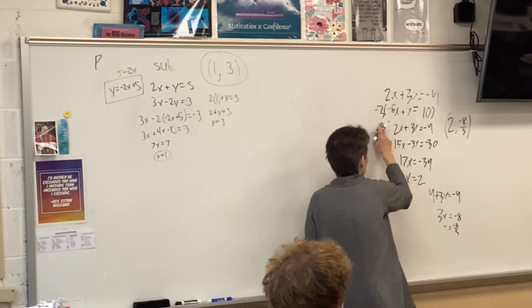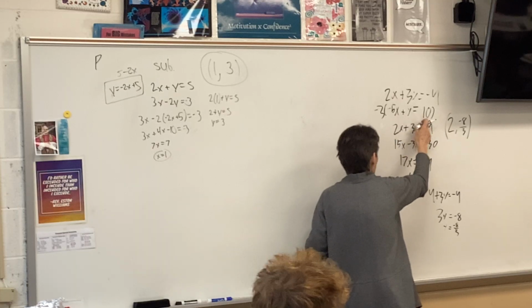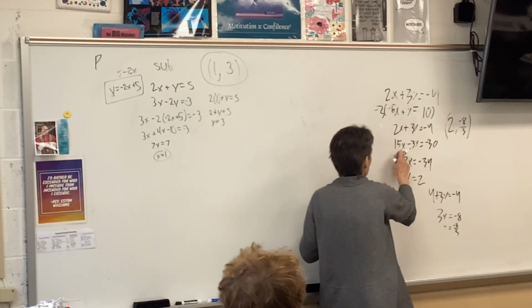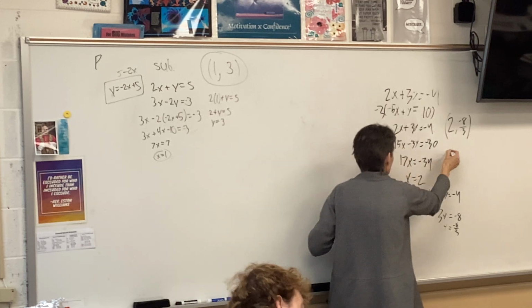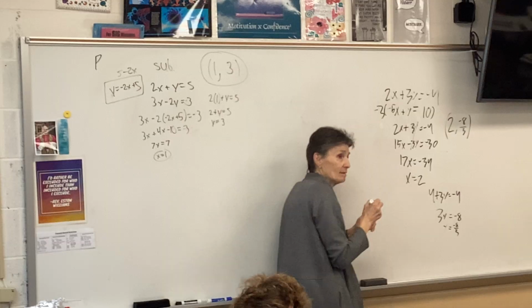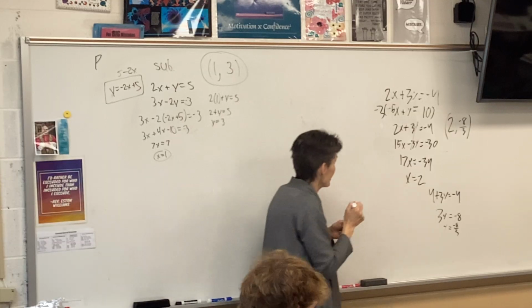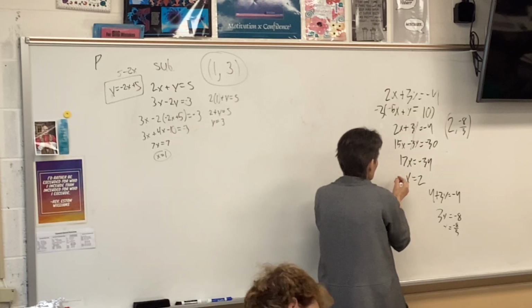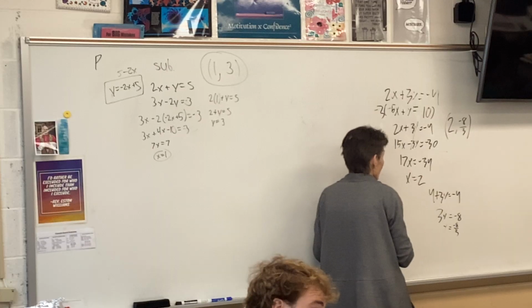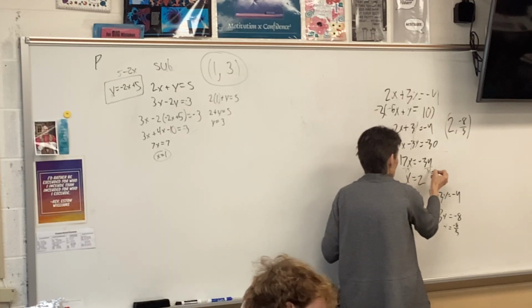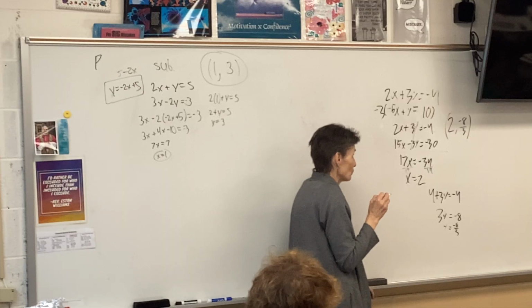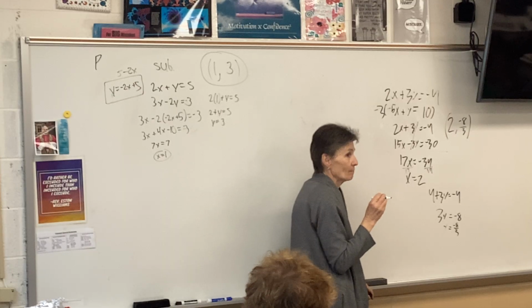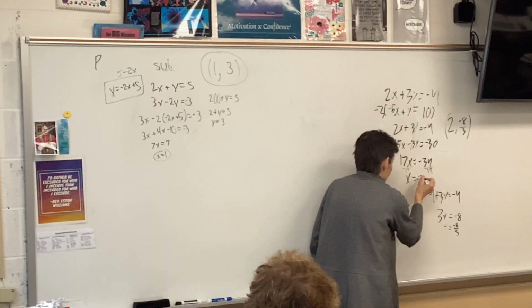What we need to do is make sure that we multiply everything by -3. So he did. Perfect. Then he added these and that eliminated. So we ended up with 17x equal to -34. So he divided by 17. Uh-oh. What's -34 divided by 17? -2.